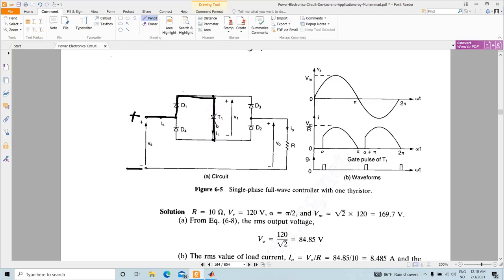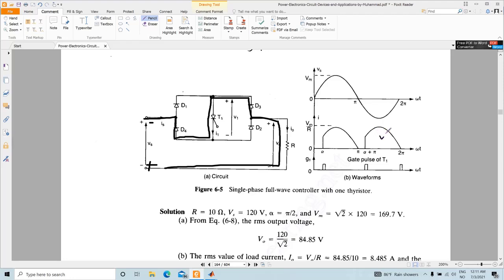Once you trigger at alpha, thyristor T1 will start to conduct, and then it will pass through D2 and then through the load. In the negative half cycle the polarity is reversed, so this part becomes positive and this part becomes negative, and the current will flow through the load and then through diode D3, then through thyristor T1, through D4, and it leaves like this.